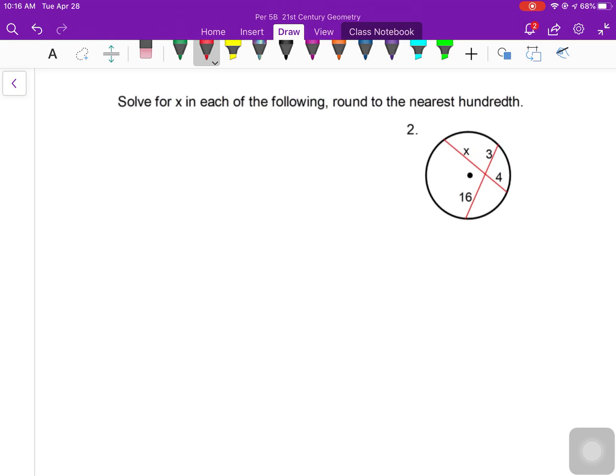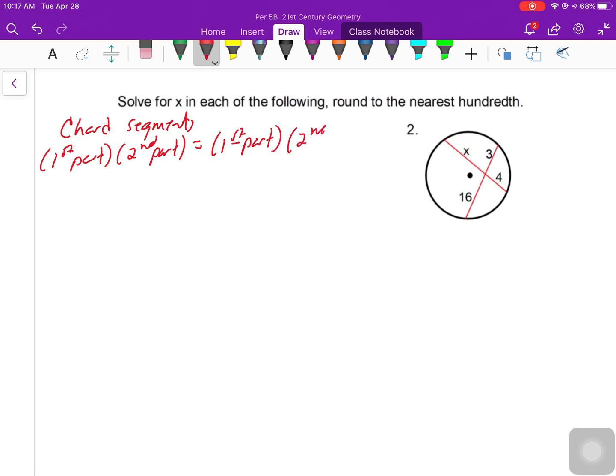The rest of the chapter, we talked about some segments in circles. And one of the first segments that we talked about were chord segments. For chord segments, the pattern that we tried to remember was first part times second part will equal first part times second part.